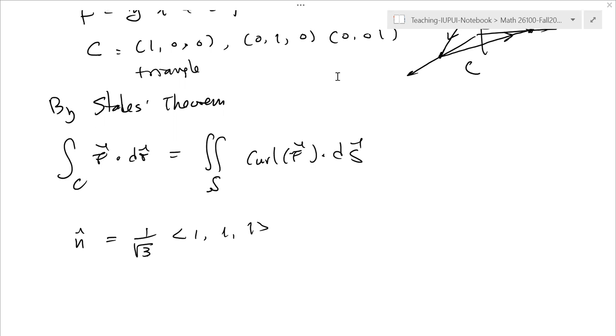The surface is spanned by this curve, so it could be any surface, as long as its boundary is the given curve. Now you have to compute the curl of the vector field.